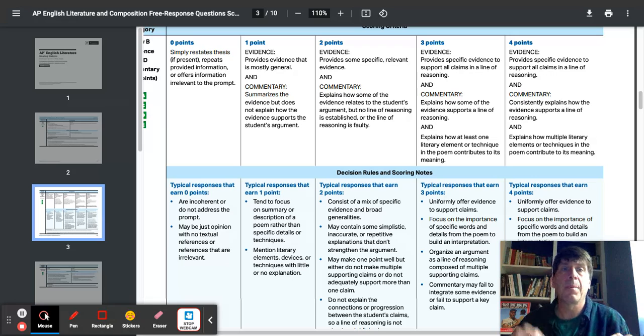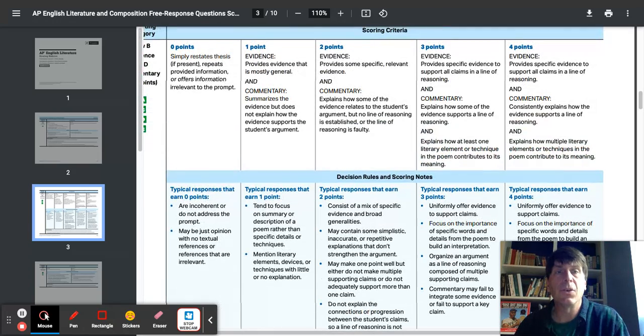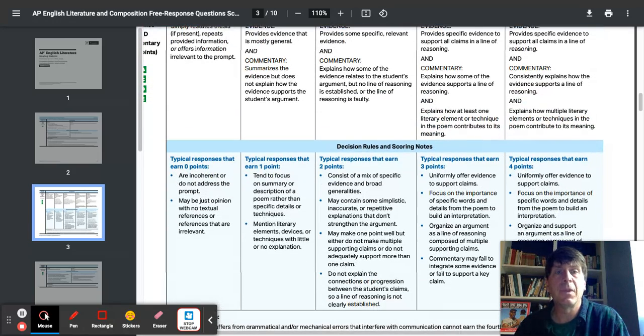So presenting really specific evidence and carefully arguing or explaining why that evidence helps you prove your point. And also explaining how multiple literary elements or techniques in the poem contribute to its meaning. So those 3 things have to happen for you to get those points.